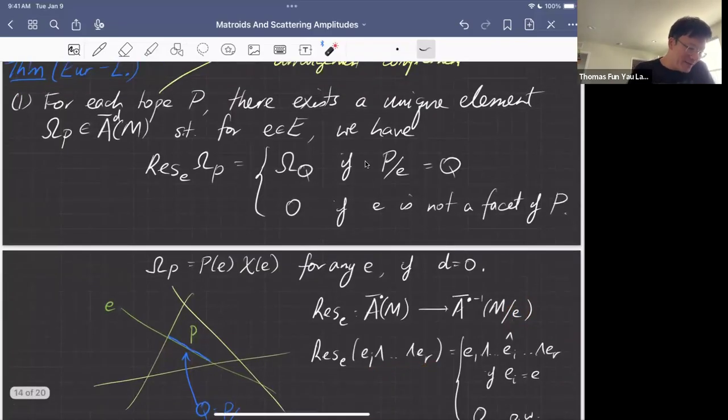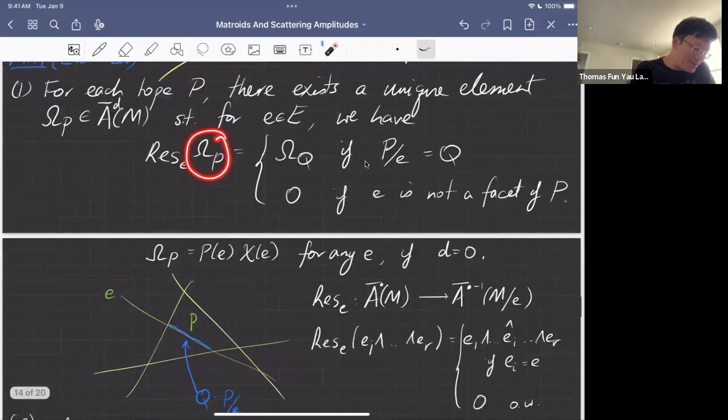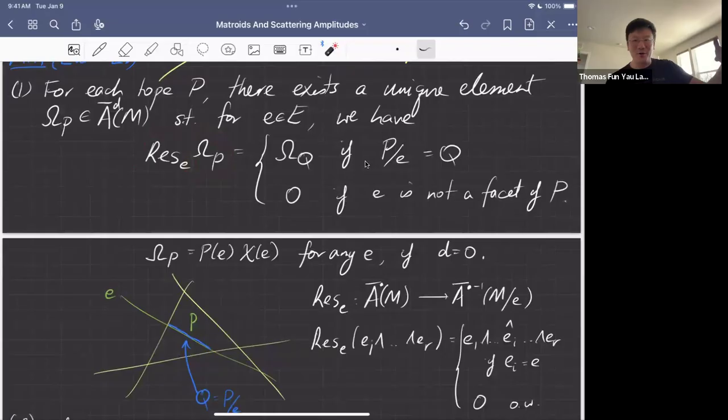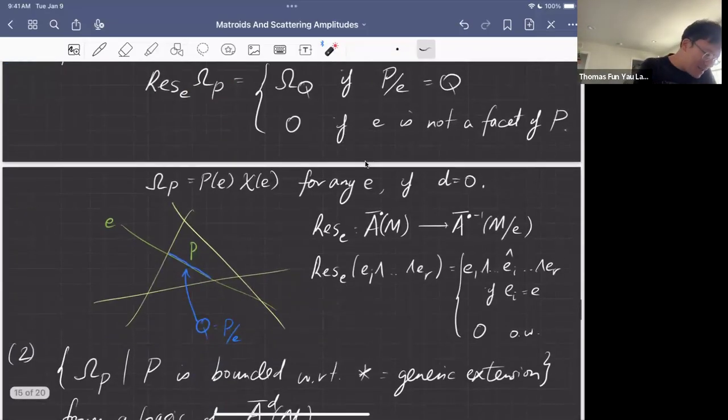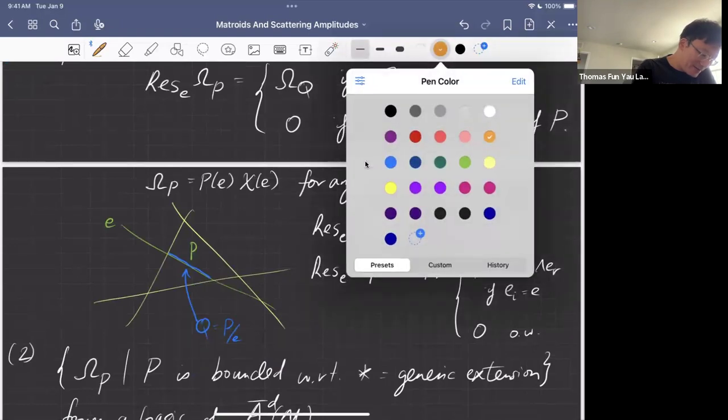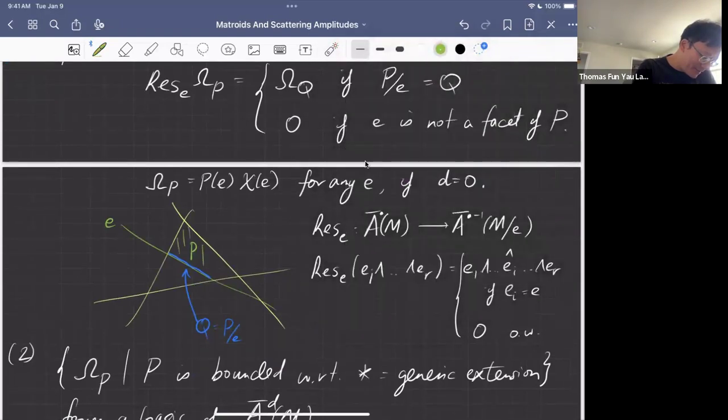So for each tope P, once you find this canonical form, it satisfies this nice recursion, such that when you take the residue, you get the canonical form of a smaller tope in the contracted matroid. For example, I'm drawing a hyperplane arrangement complement.